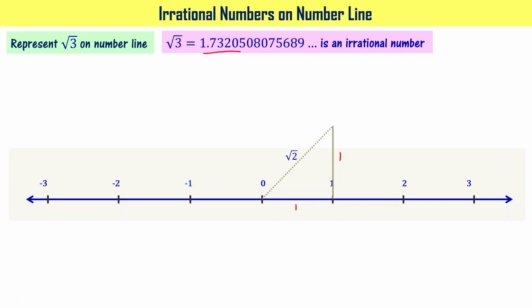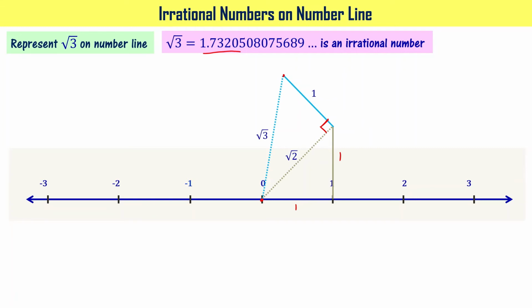Now I'm going to draw a line of length 1 unit perpendicular to the dotted line. It means these two lines are making a 90 degree angle, the dotted line and the newly drawn blue color line, right? Now when you connect this particular point to this point, the length of the line segment connecting these 2 points is going to be root 3.